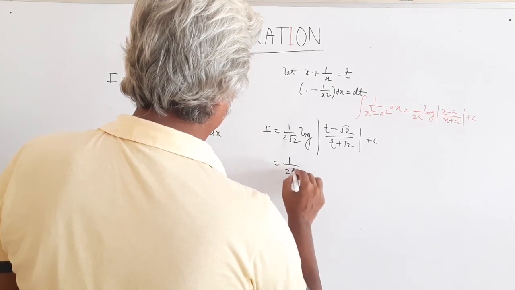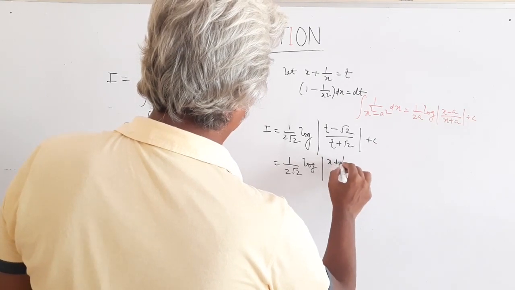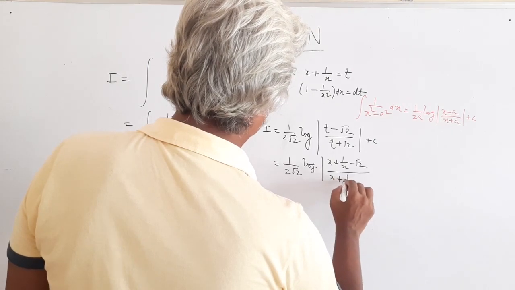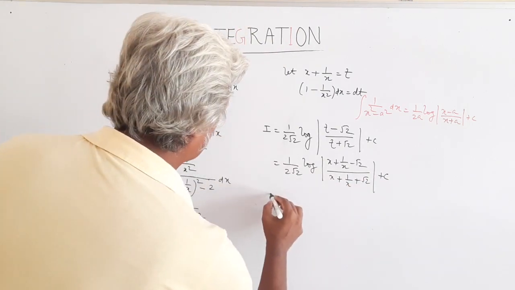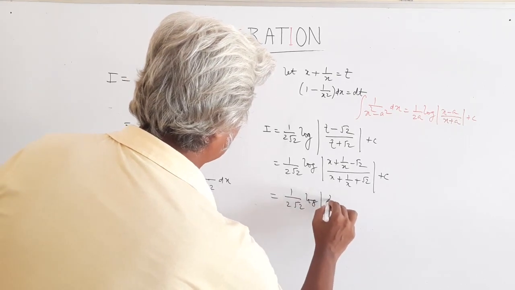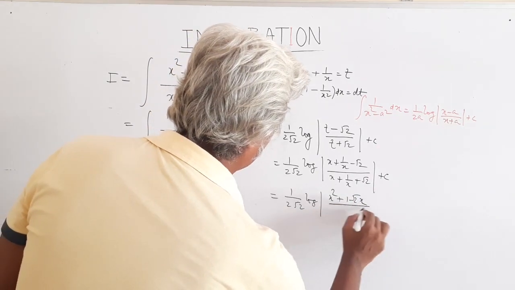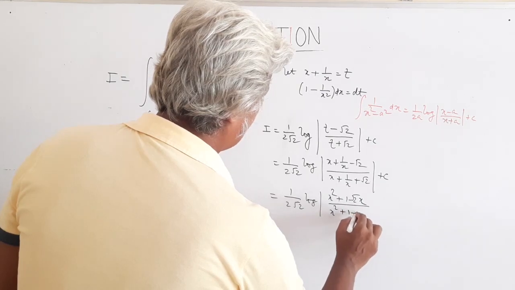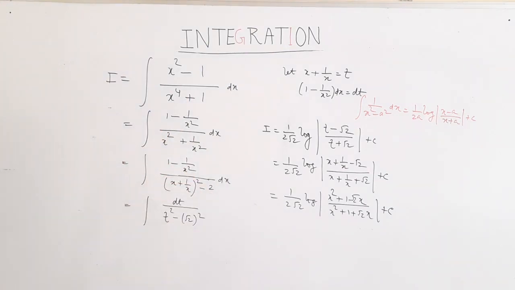So this is 1 over 2 root 2 log mod (x plus 1 over x minus root 2) over (x plus 1 by x plus root 2) plus c. If you further simplify, it will become 1 over 2 root 2 log mod (x square plus 1 minus root 2 x) upon (x square plus 1 plus root 2 x) plus c, since x cancels. This is the answer of this particular question.